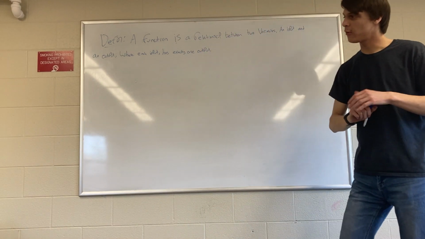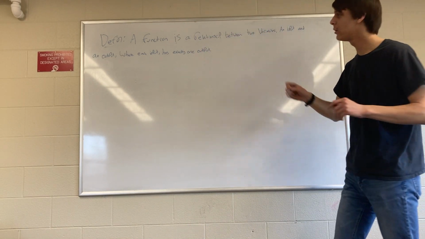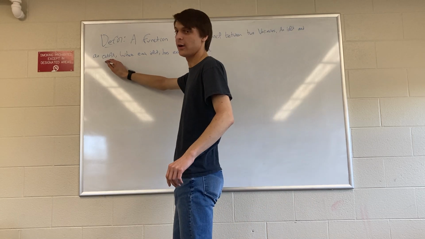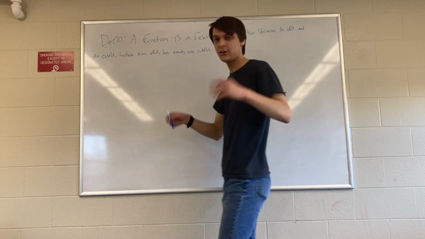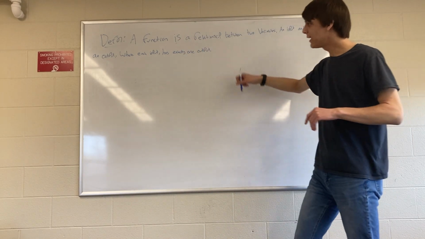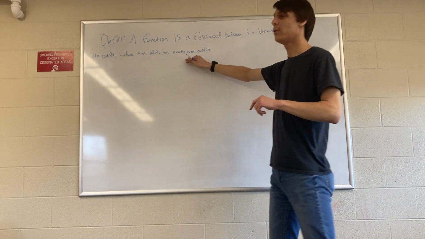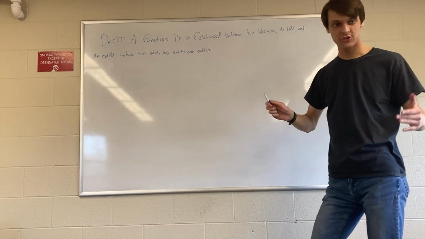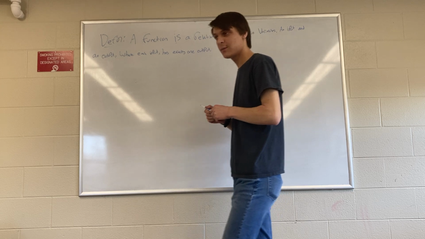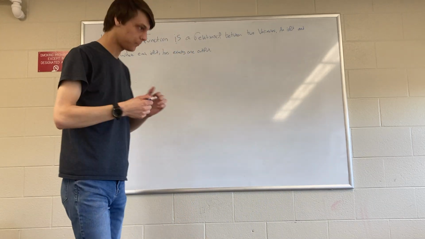So let's put this back in the context of our vending machine example. We have our input, which would be A1, C12, whatever we click, and it gives us a unique output, which is our snack we wanted, like Sour Patch Kids, etc. Hence, a vending machine would be a good example of a function.